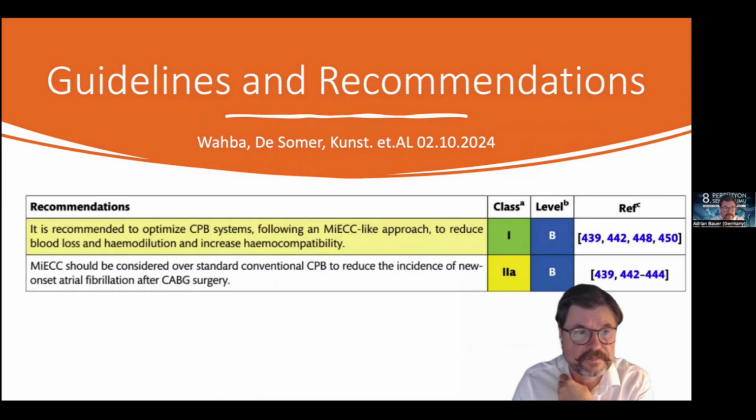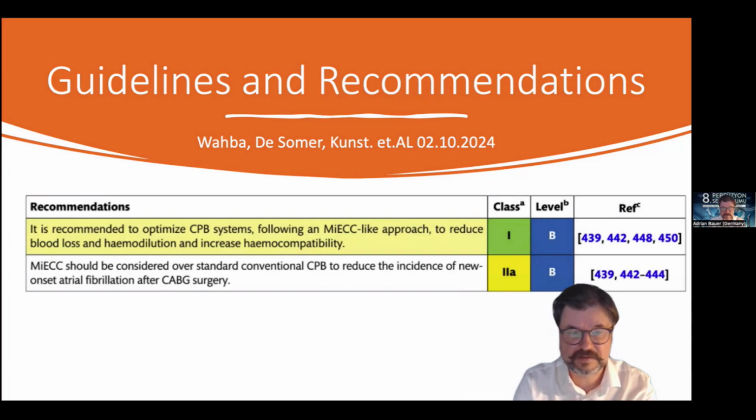We also have a recommendation in our new guidelines from Weber, Sommer, and Professor Kunz, and it's published by the EBCP as well. It recommends optimizing the CPB system, and we have a 1A for that, and that includes the MiECC approach.